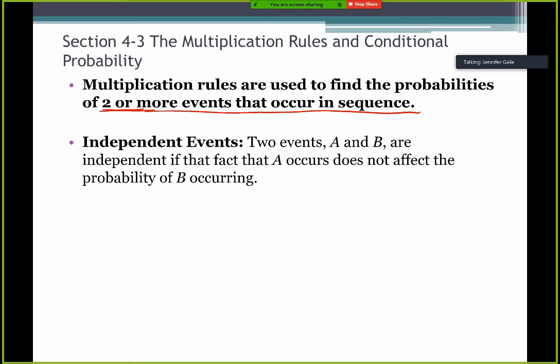If two events are independent, the fact that event A, and I know we're just using generic A's and B's, we've worked with lots of different events, the fact that event A actually happens has zero effect on event B's probability of happening. So the fact that the first thing happens has no effect on the second thing happening. Doesn't change it at all. The two are totally separate.